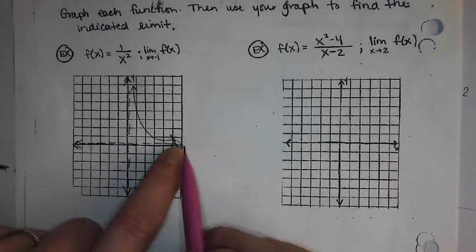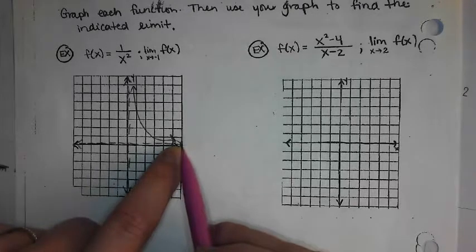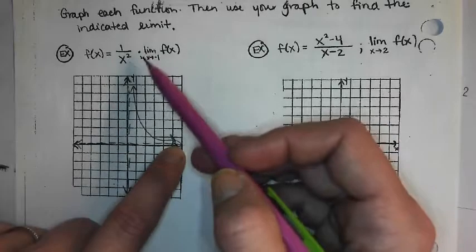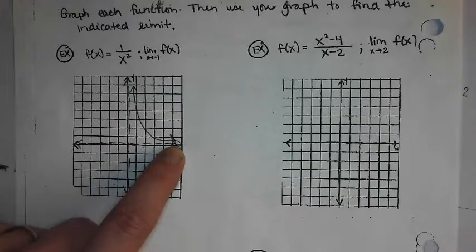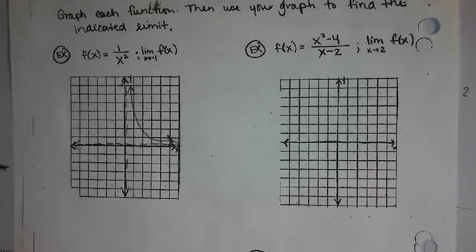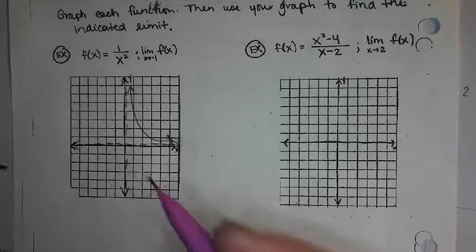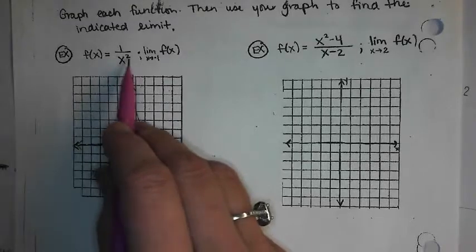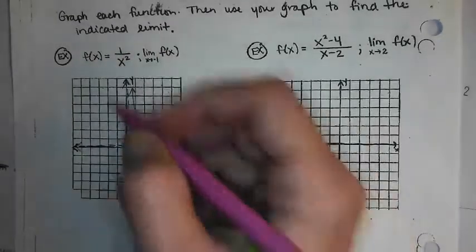Think about plugging in a number. You can't plug in positive infinity, but think about plugging in 1,000,000. 1 over 1,000,000 squared is going to be pretty darn close to 0. Hence the horizontal asymptote guiding that end behavior. And on the left-hand side, same thing. No matter what you plug in, a negative 1, that squared is going to make it positive, so it'll be a positive.